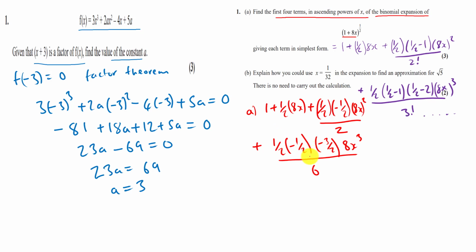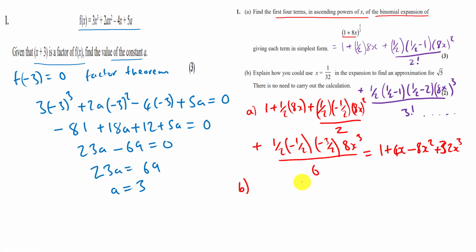We need to simplify that, and we'll get 1 plus 4x minus 8x squared plus 32x cubed. Nice.